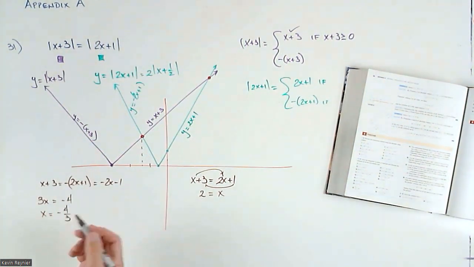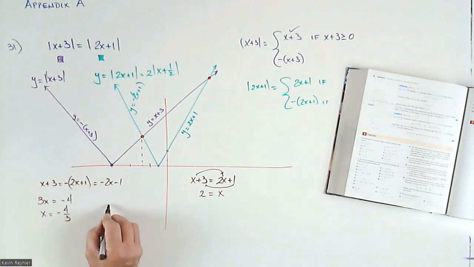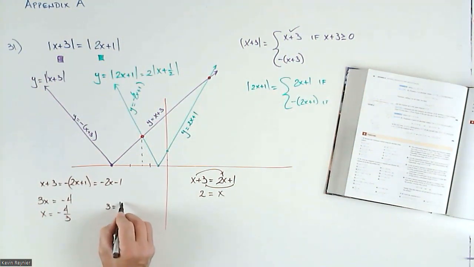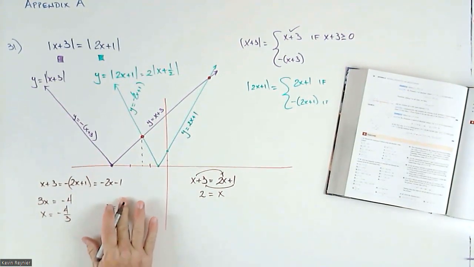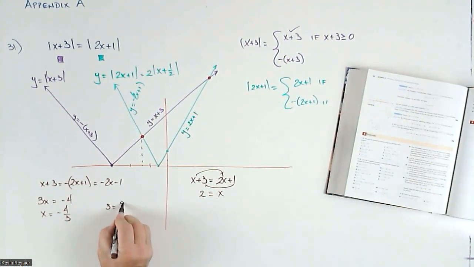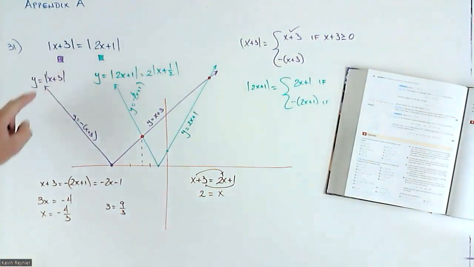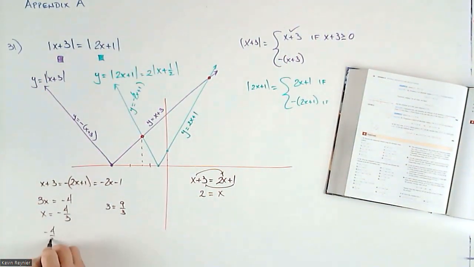3, by the way, is 12/3. For those of you that aren't following along at home, 3 equals 12/3. That's cute, Kev. Apparently I'm not following along at home. 3 equals 9/3. So this would be negative 4/3 plus 9/3. That would be that side. That would be 5/3.